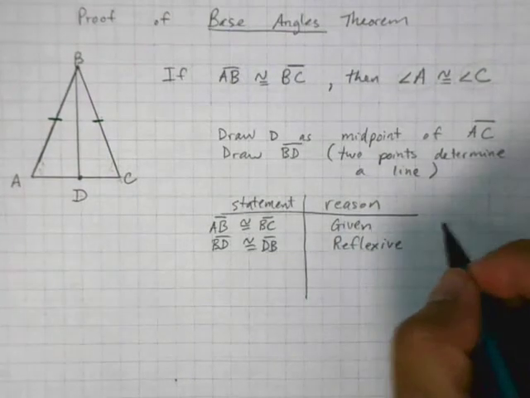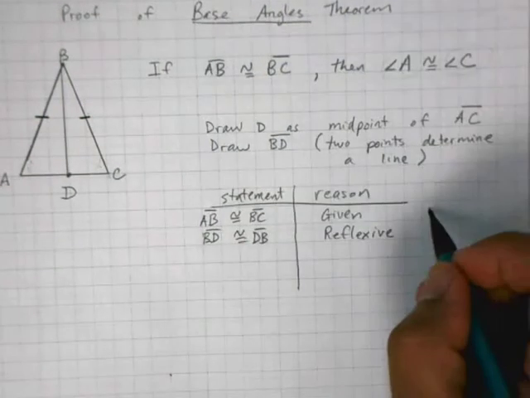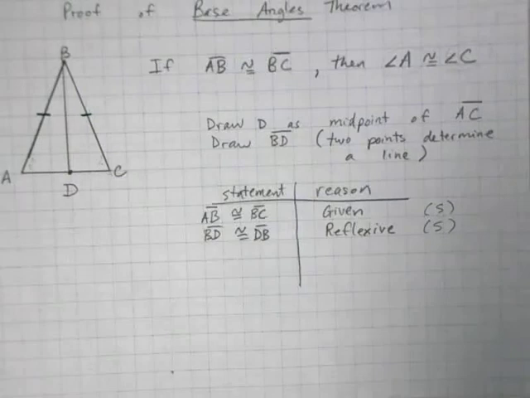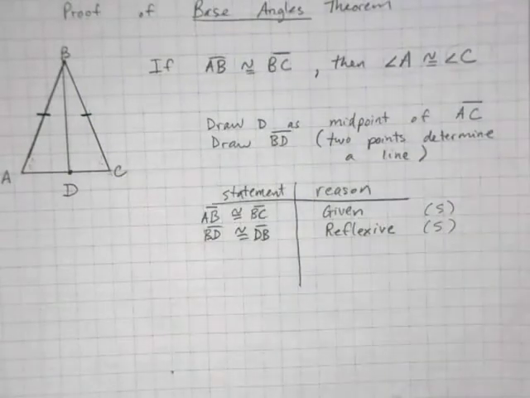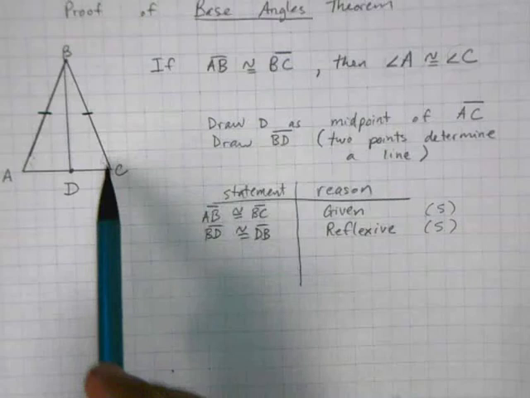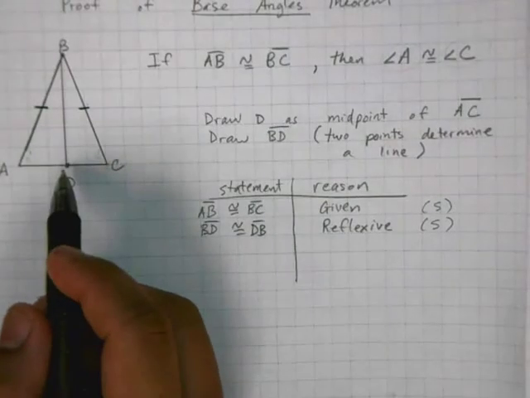So I'm basically trying to prove that these two triangles are congruent by sides, and here I have a side, here I have a side, and I only need one more side to prove that these two triangles, ABD and CBD, are congruent. Okay? And this third side is going to come because I made D the midpoint.